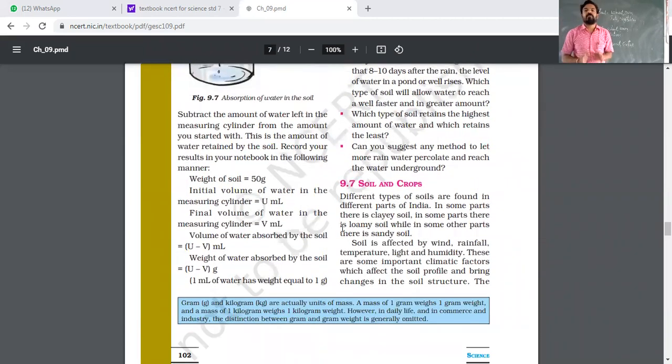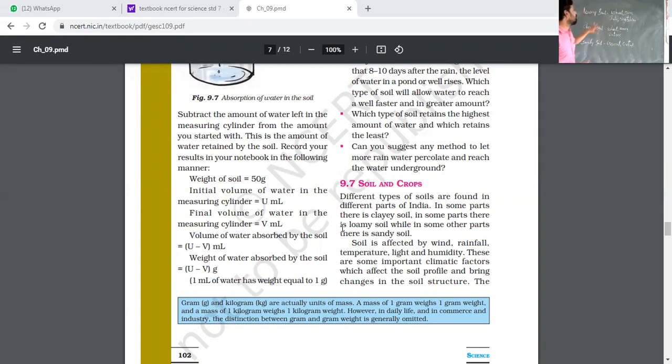After that, last topic, that is soil and crops. You understand that whenever you go to different places in India or different places nearby Gujarat, you might notice that some places have crops particular for some pulses, and some vegetables grow in some places only.